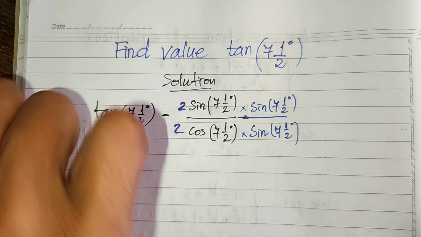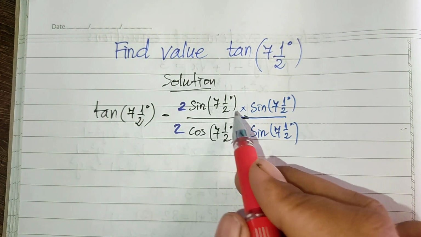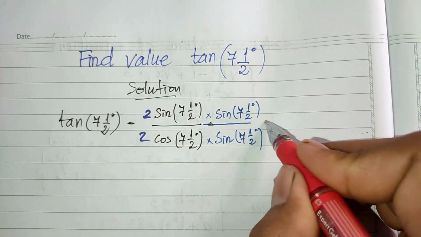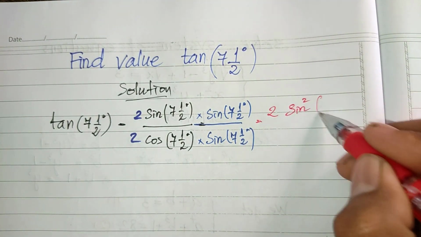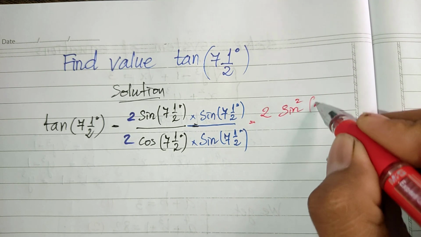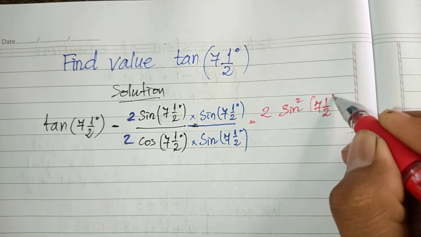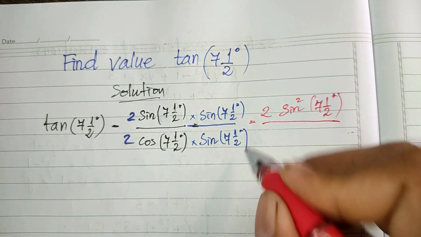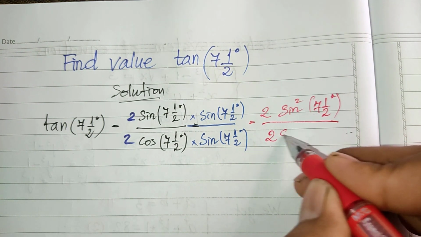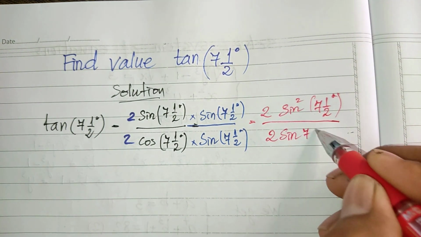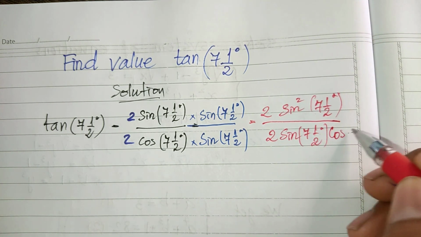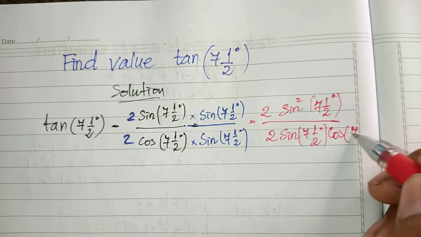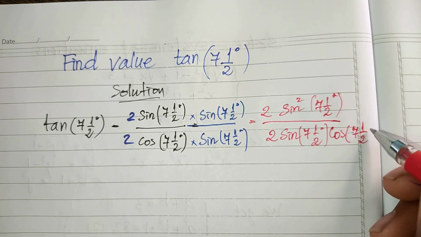Now we get 2 sine squared of 7 1/2 degrees divided by 2 sine 7 1/2 degrees multiplied by cosine 7 1/2 degrees.